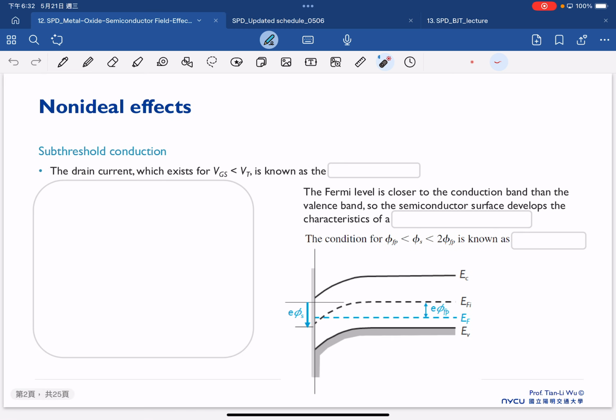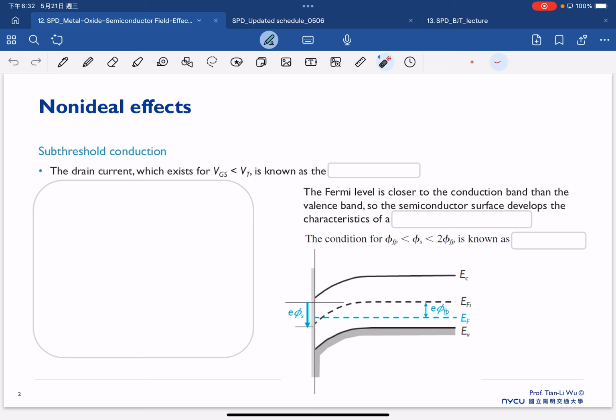So first of all is related to some non-ideal effects. The first one that we want to mention is the subthreshold conduction.